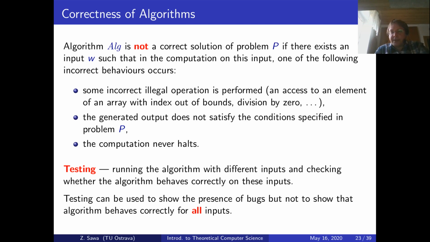This is not so important now when we think in this high-level way, what the particular reason is and what exactly the algorithm will perform. So this is one kind of bad thing, where the algorithm performs some illegal operation which is not allowed for the given kind of machine.